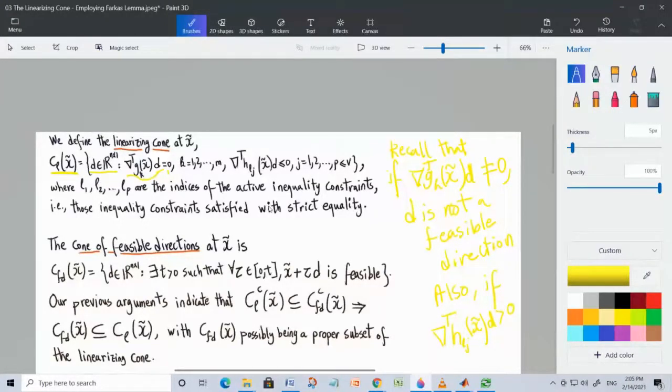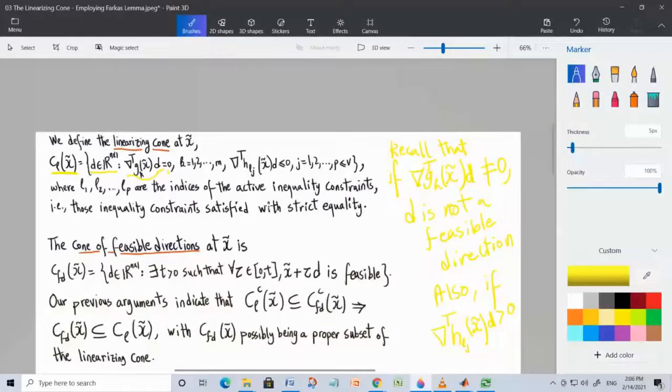Okay, so here what we say is that we are basically focusing on directions in which we have some hope that if we move along them, we will reach a feasible point. So basically, that's the idea of the linearizing cone.